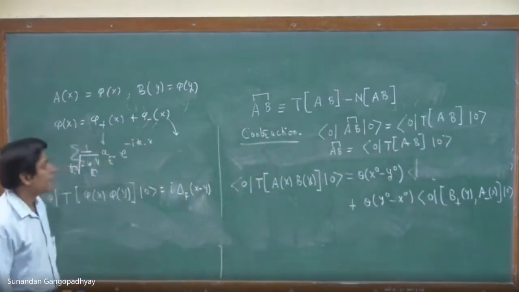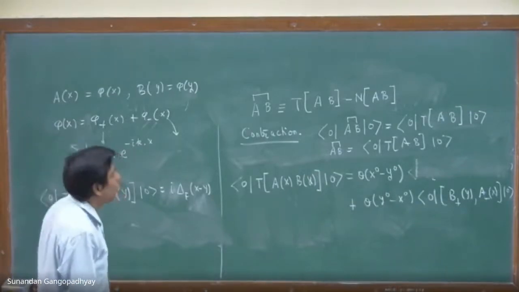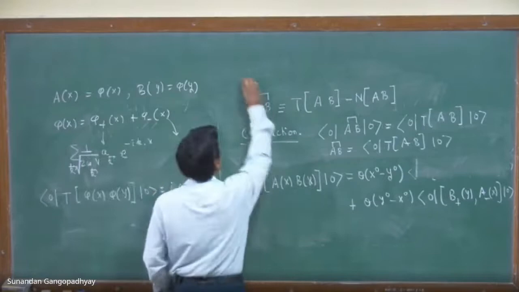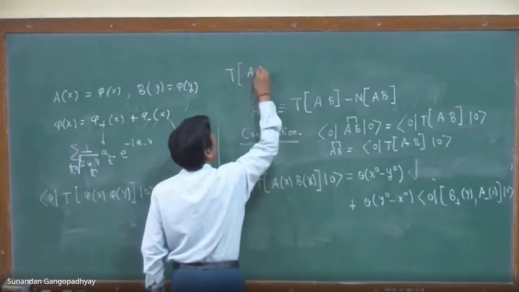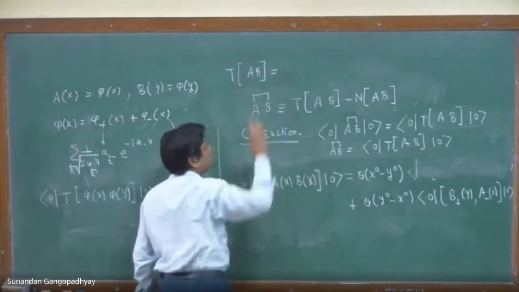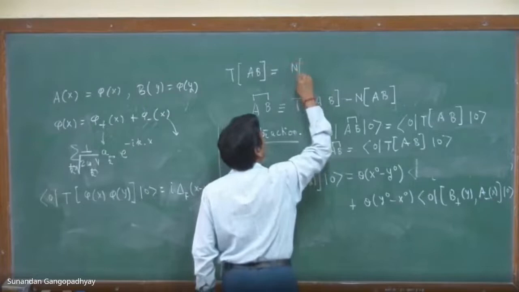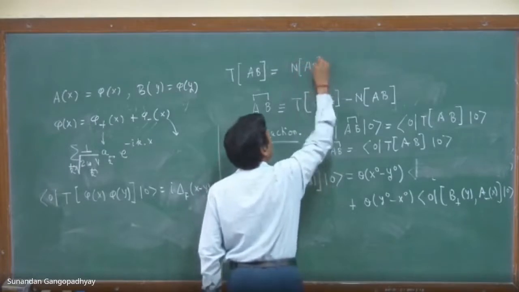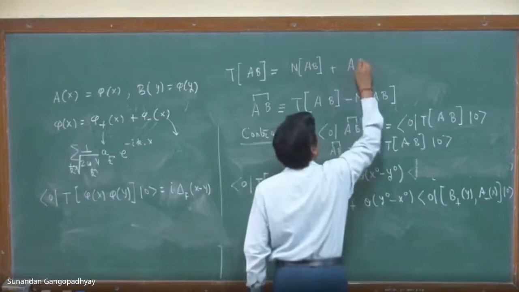And now what we can do is write down the time ordered product of AB as the normal ordered product of AB plus the AB contraction. So this is the AB contraction.